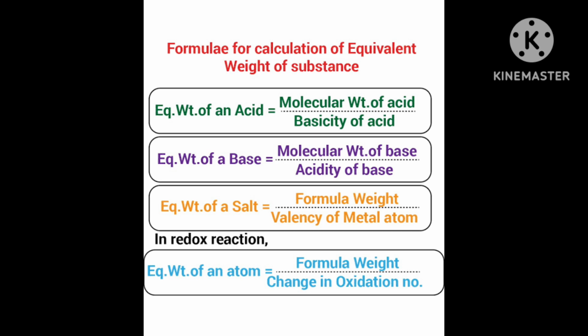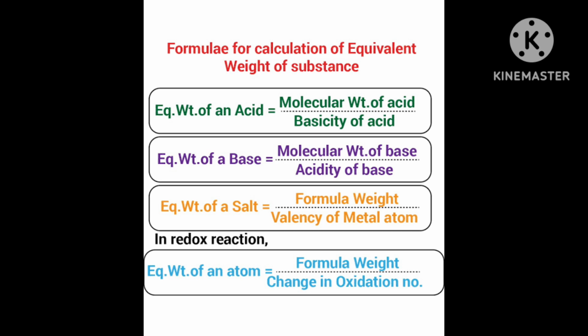Hydrogen 1.008, oxygen 8 parts by weight, and 35.5 parts by weight of chlorine. Hence you can write in terms of a formula the equivalent weight of an acid.